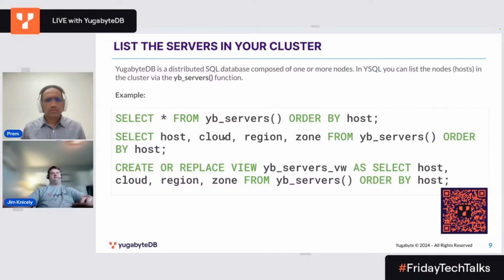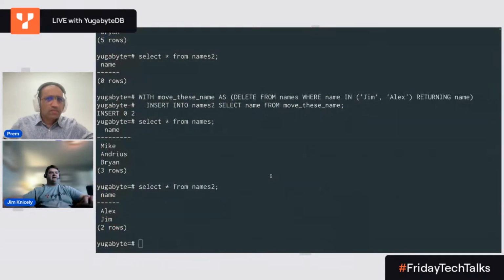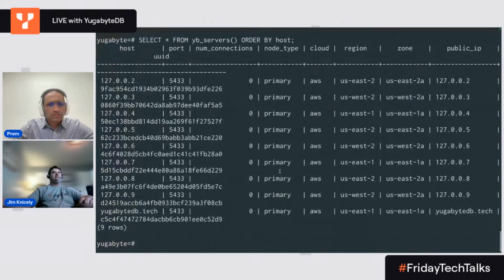You'll see the way I set up my simple cluster here. You're going to run this query a lot, so what I typically do is create a view that just pulls out these columns, because there are other columns I don't care about. I always like to have this view. If you just do a select asterisk from yb_servers, it's going to bring back, remember, I had 9 nodes, and I'm simulating that I'm in AWS. When you're using YugabyteDB, this could be anything.